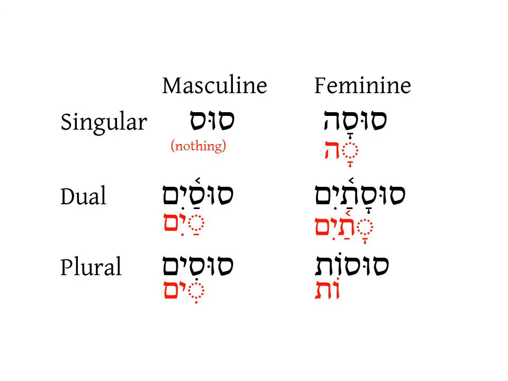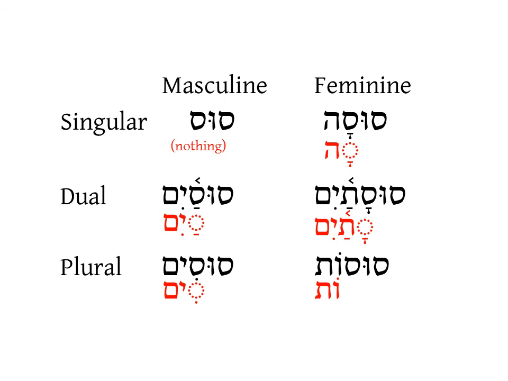So now we can summarize all of the forms of a noun. Using sus and susa, we have sus in the singular, masculine, with no ending. And then the dual, if you ever could have it, on sus would be susayim. But we won't ever find the dual susayim for two horses in biblical Hebrew.